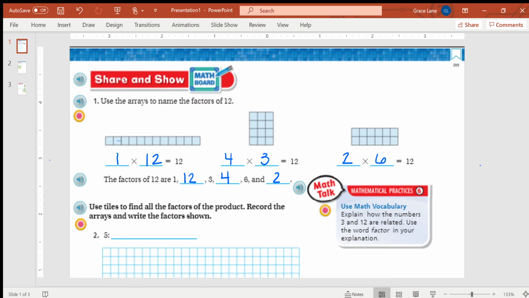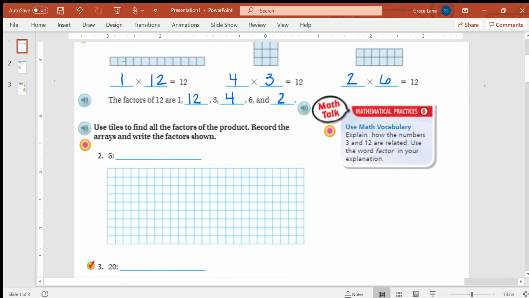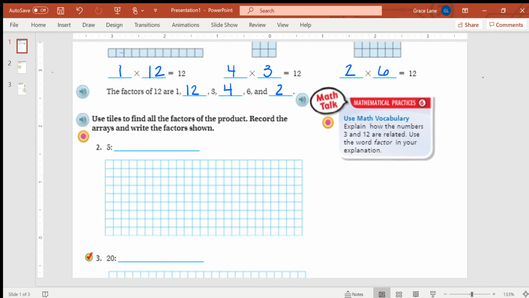When you look down to number 2, it says, use tiles to find all the factors of the product, record the arrays, and write the factors shown. So you could try to make little rectangles like the ones on number 1 to equal 5. Try to think of what a rectangle would look like if there were only 5 boxes in it. One example is one row of 5, and it would look like this: 1, 2, 3, 4, 5.